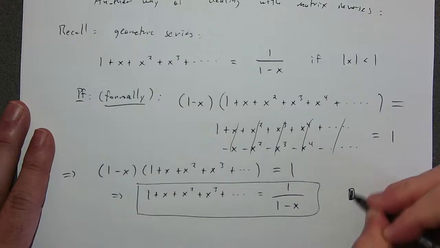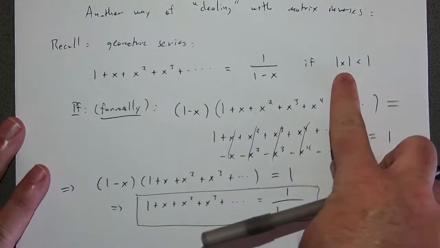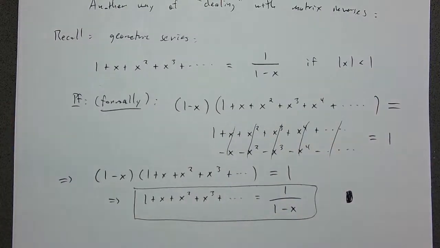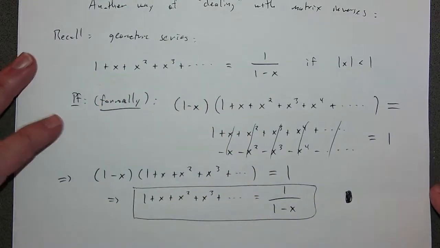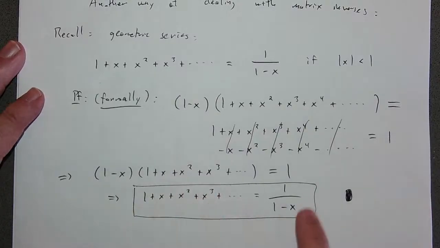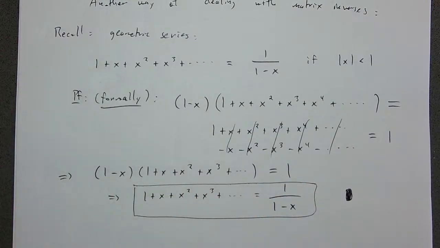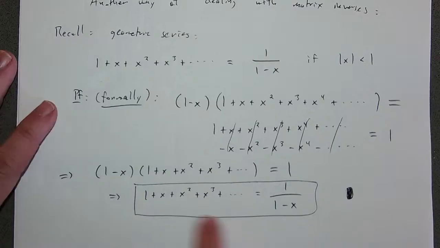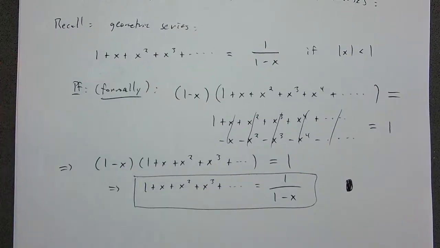Now you might say, wait, you just showed this and you didn't even talk about convergence. So yeah, this is what I mean by calling this a formal proof. I've been a little bit hand wavy with what values x is taking on, but don't worry too much about that. This is showing you that the structure behind this underlying fact is strong. So this quantity really wants to be this. This is a way of thinking about it.